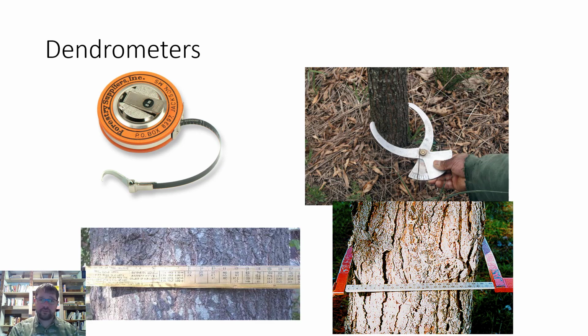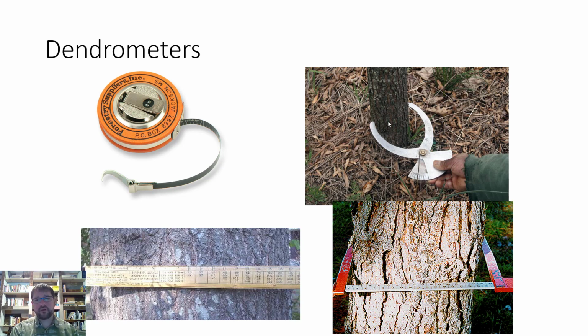If you're using a regular tape, then you're just getting the circumference of the circle, and you have to back calculate to diameter. Like I said, most of these methods are going to give you diameter. So the calipers are specialized calipers to give you the diameter of the tree. But like I said before, that's measuring 2 points versus this one measuring all the points around the tree.